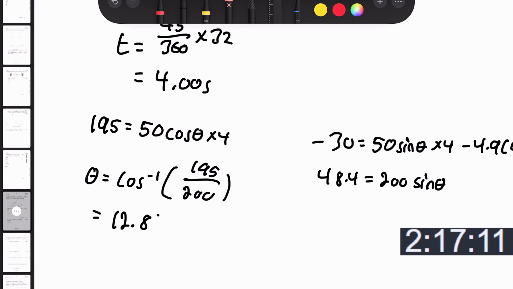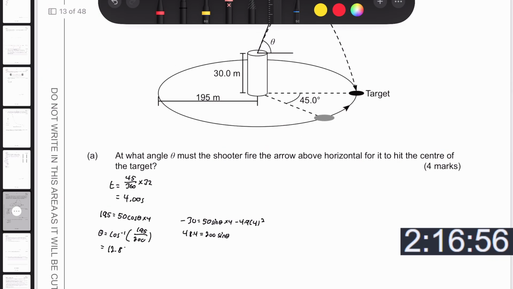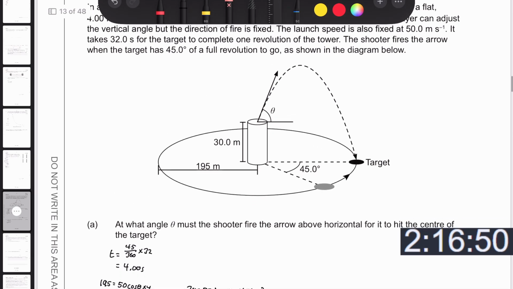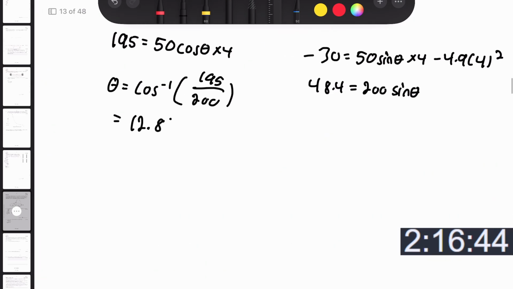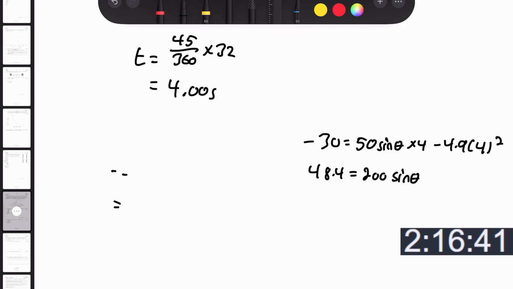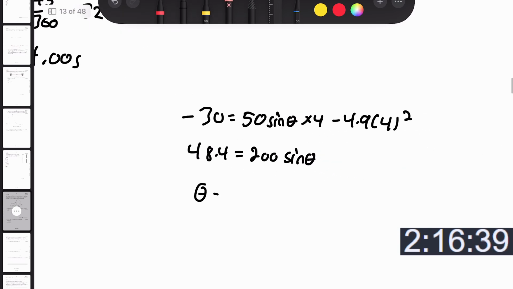Okay. 50 cosine of 14 times 4 is 194 meters. What? I'm slightly off if I go either direction. Theta equals sine negative 1 of 48.4 on 200.